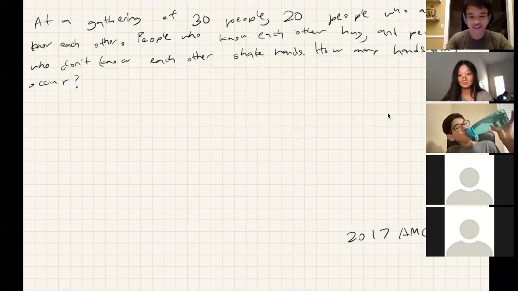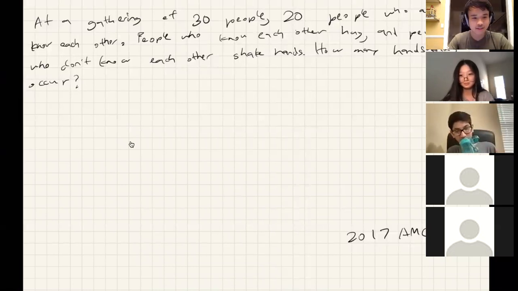So on to our first actual problem, which is from the 2017 AMC 10A, number 8.